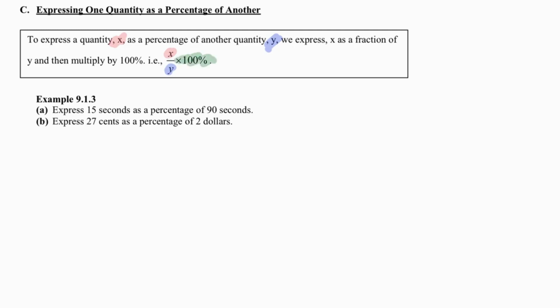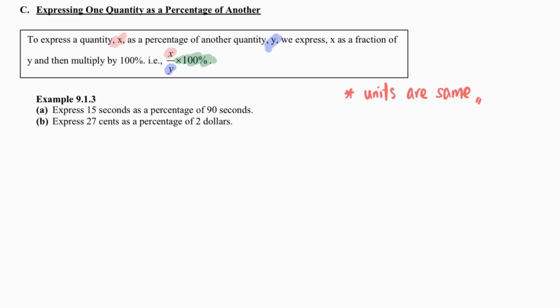And at all times, do take note, this is a very important rule, which I'm going to write down here: do ensure that the units are the same for the quantities. Okay, so let's move on to look at part A.